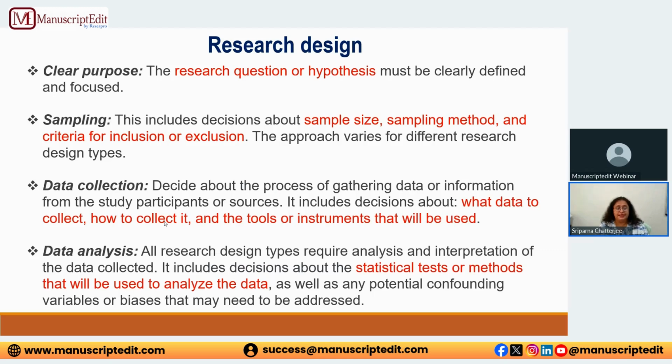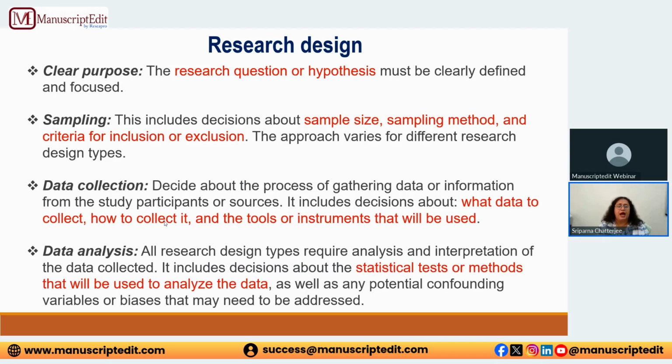And the sampling is very, very important, because in this sampling category, you need to take the decision about sample size, method, criteria for inclusion or exclusion. And this approach will vary for different subject areas, different groups and different things.